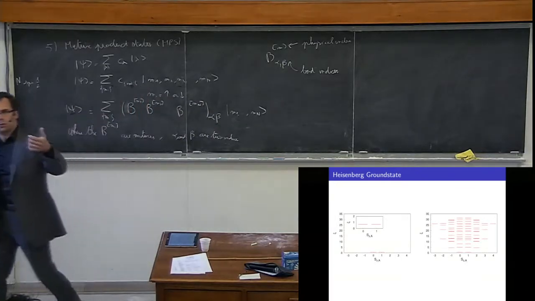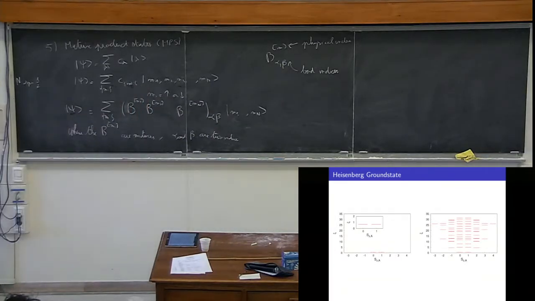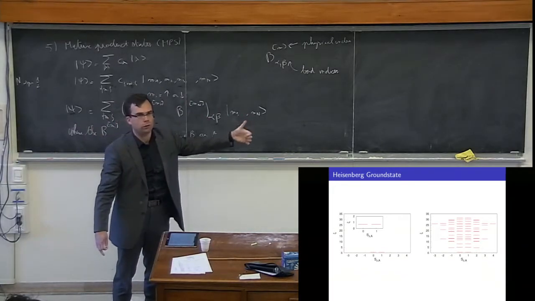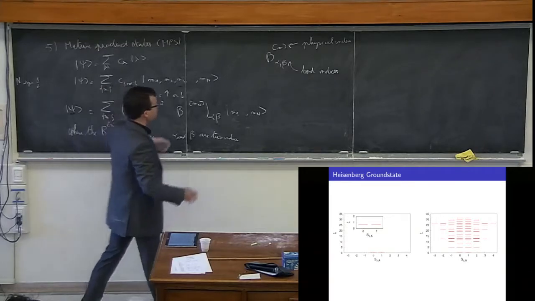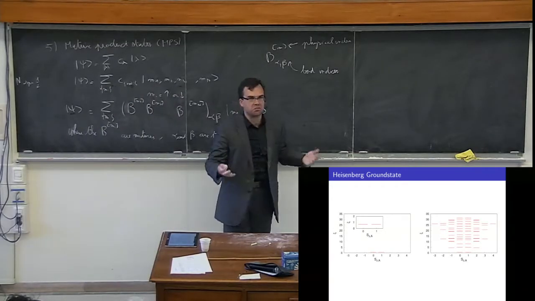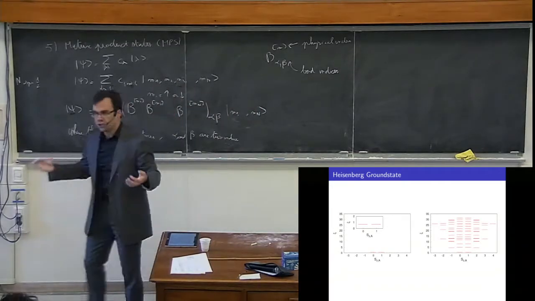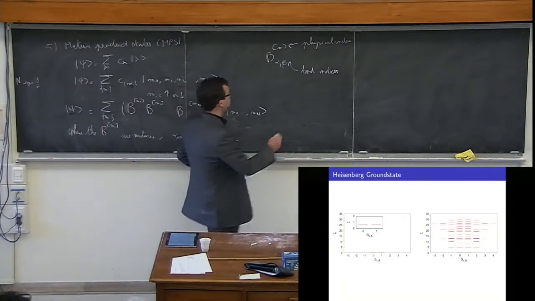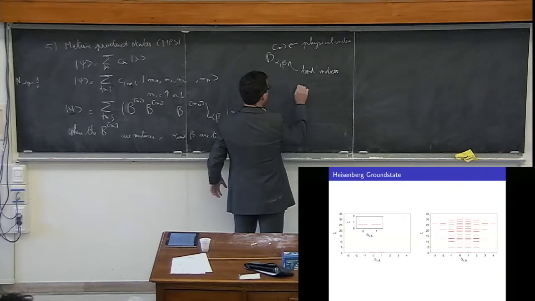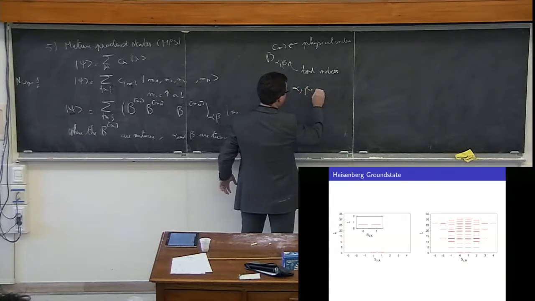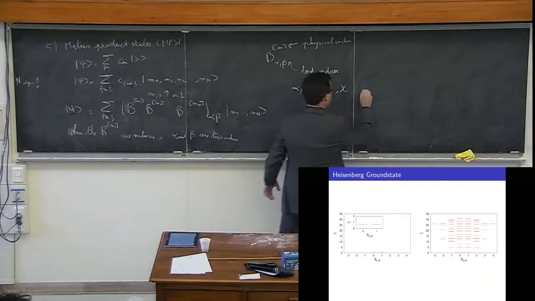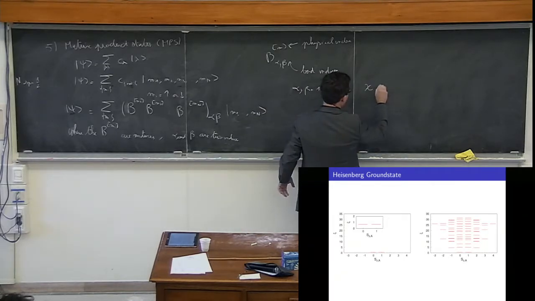M is spin up or down, but if you imagine you have electrons on a lattice, it will be just 0 if you have no electron, or 1 if you have one electron. But alpha and beta are just indices for all my matrices, and alpha and beta go from 0 to chi, where chi is the bond dimension.